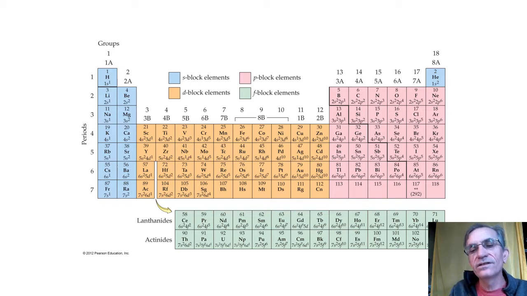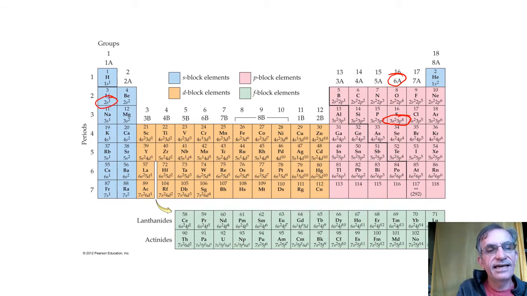For example, in sulfur, the outermost shell is the third shell, and there are a total of 6 electrons in it. In lithium, the outermost shell is the second shell, and there is 1 valence electron.